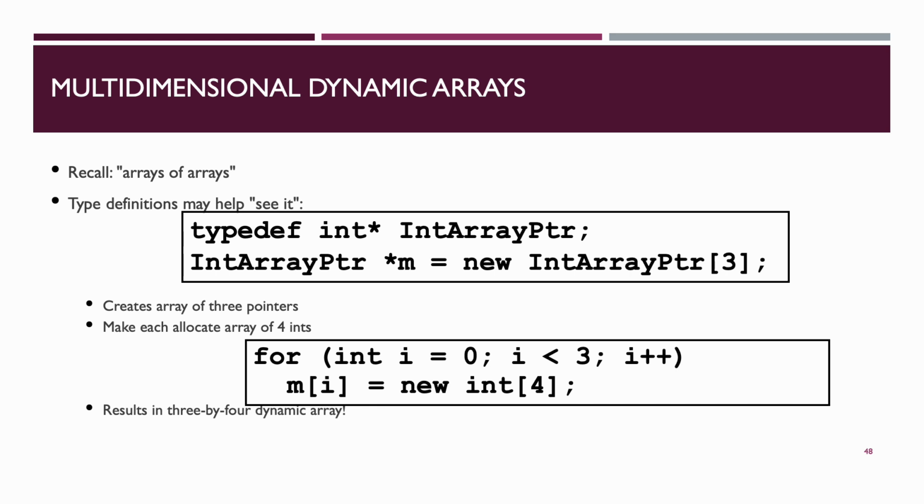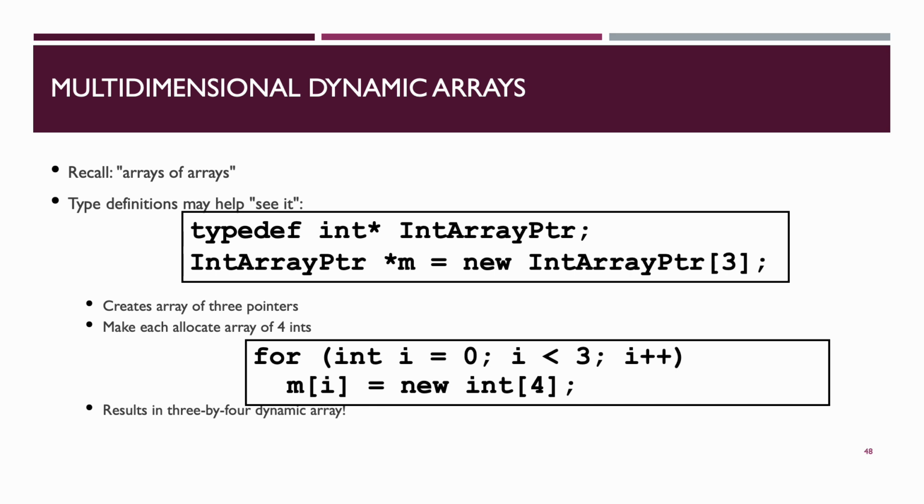For each element m[i], it allocates an array of 4 integers. So after this loop you have 3 arrays, each containing 4 integers. In total you now have a 3x4 dynamic array, where each row has 4 elements, and the array can be accessed as m[row][column].